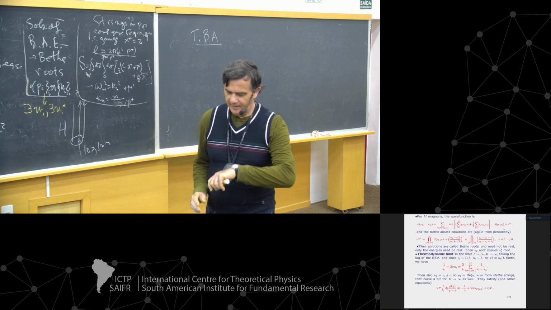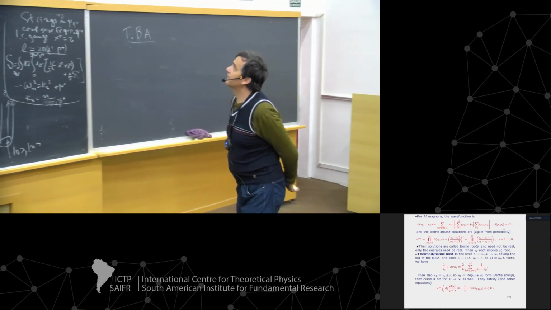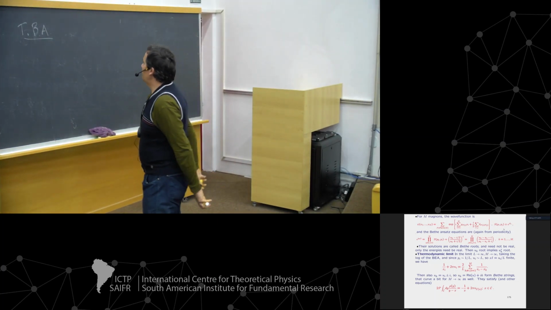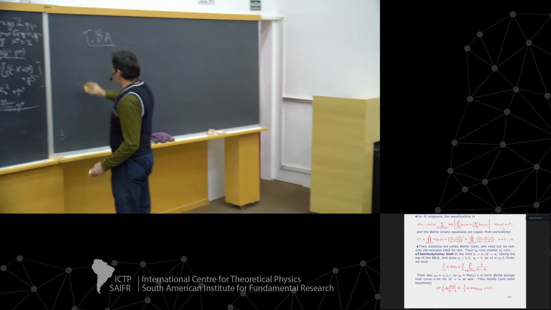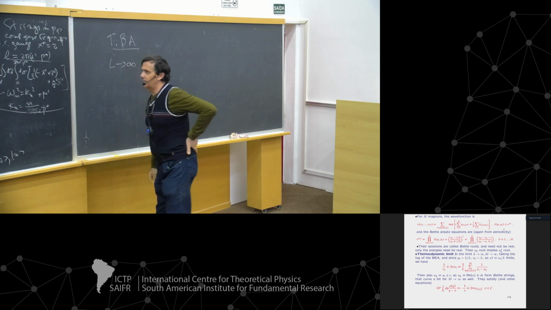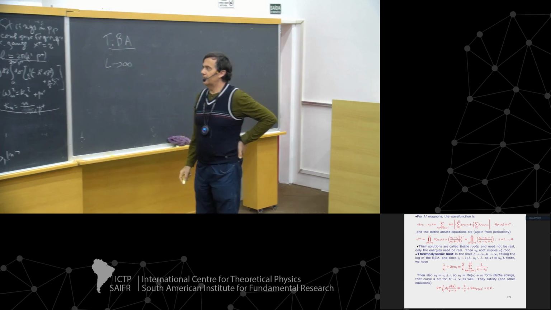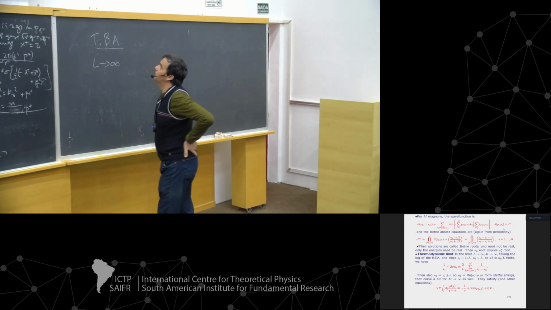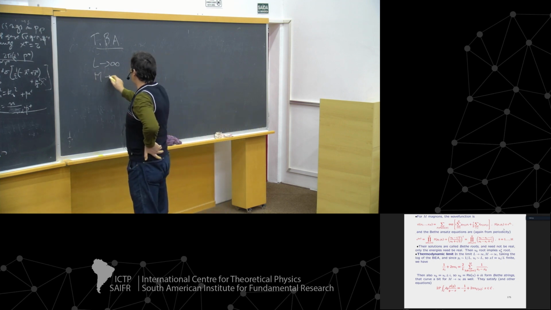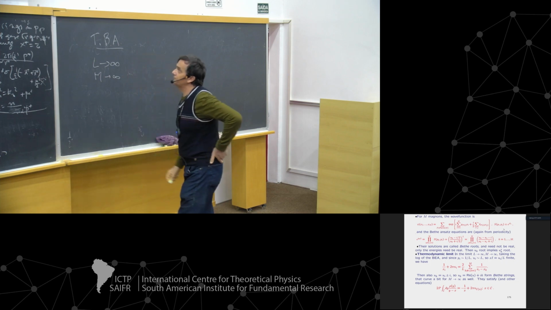All right. So the thermodynamic limit always means a large number of particles or sites. So L has to go to infinity, and we also take the number of magnons to infinity.